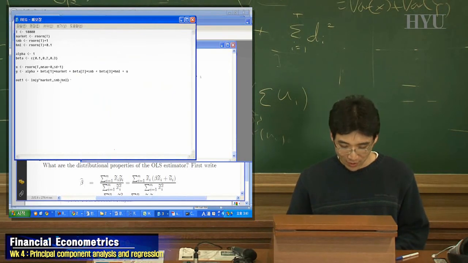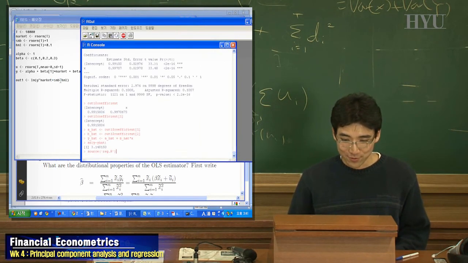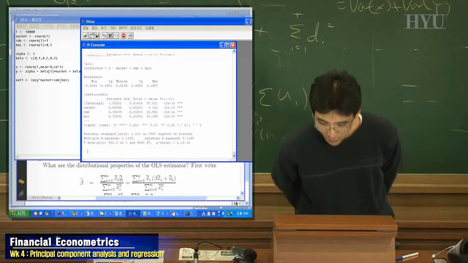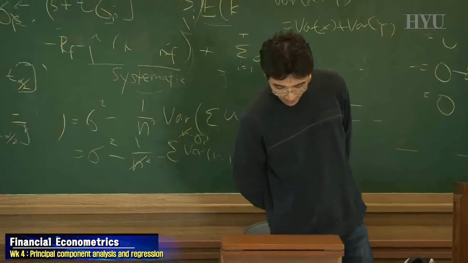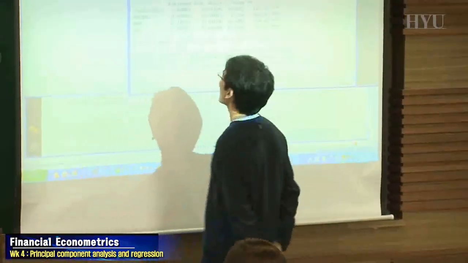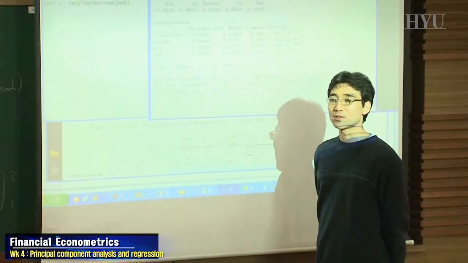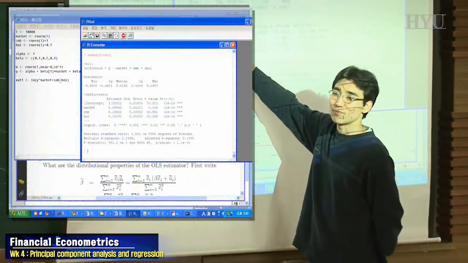Oh, sorry, actually I have to put a plus over here. Okay, and let's say summary out 1. Then we have this relationship, so we have a very accurate estimation. Our true alpha is 1 and it is close to 1. Of course, if we really believe the Fama-French 3-factor model, then this intercept should be 0.